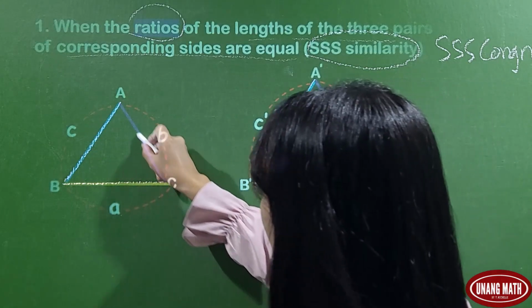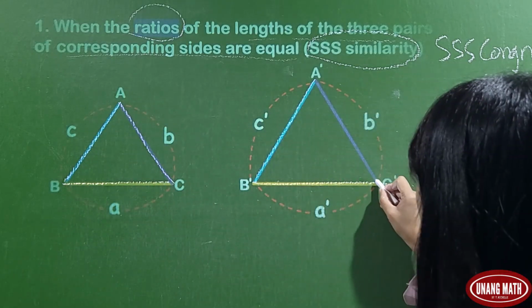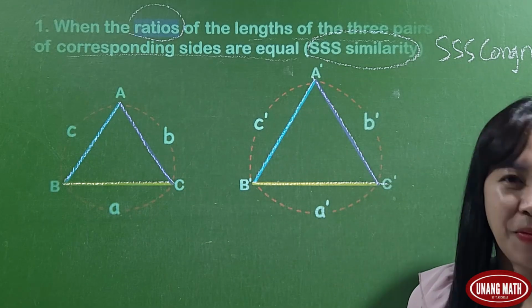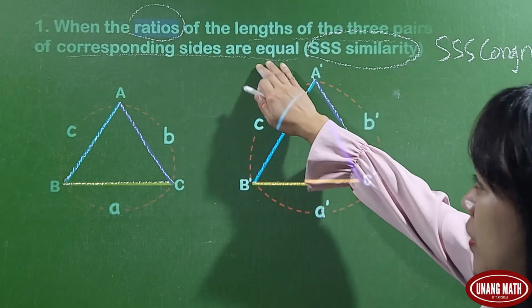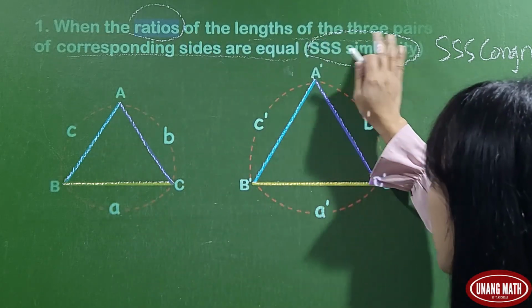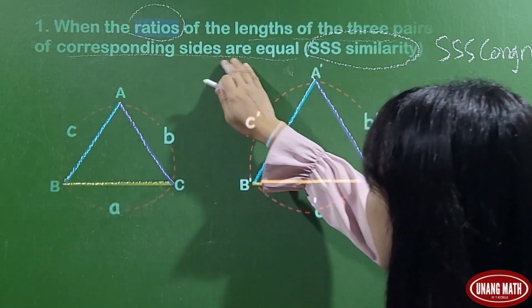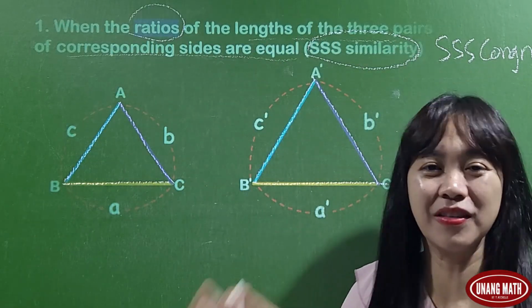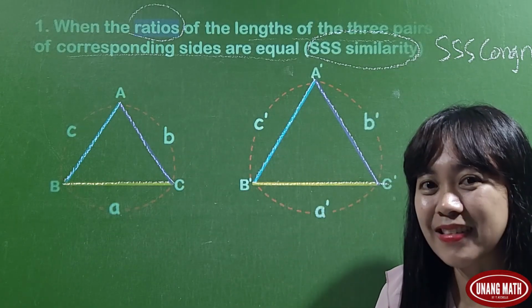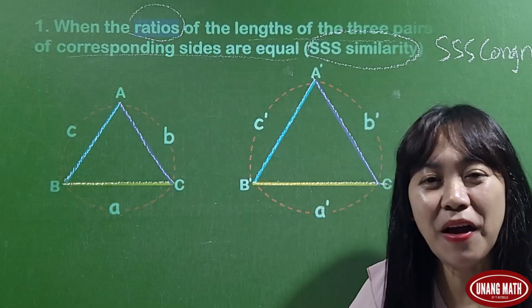And CA, or AC, corresponds to side C prime A prime. So in this first condition, when the ratios of the length of the three pairs of corresponding sides are equal or constant, then those two triangles are similar figures.